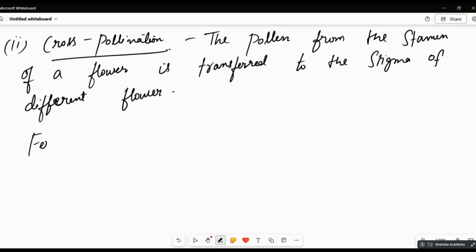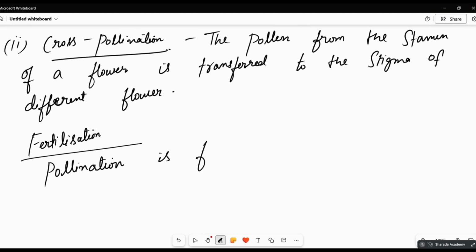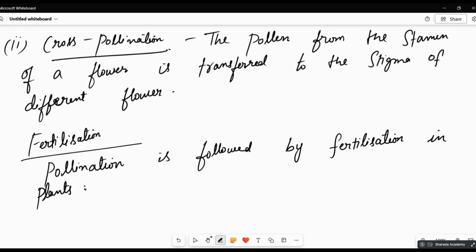Last one is the fertilization. So pollination is followed by fertilization in plants.